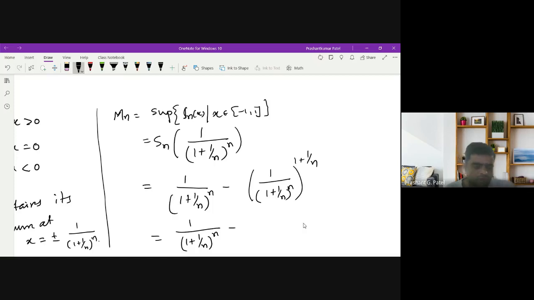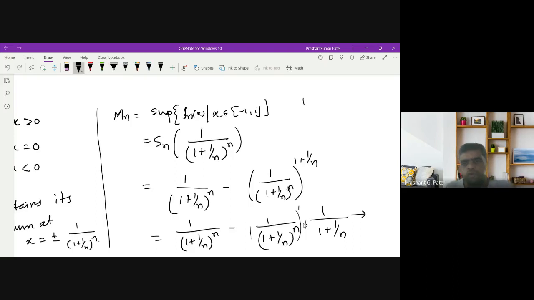The second one I can write in this fashion, that is 1 upon (1 plus 1 by n) power n into 1 upon (1 plus 1 by n), because this quantity is power 1, and this is power 1 by n, whole power n, so that will be 1 plus 1 by n.